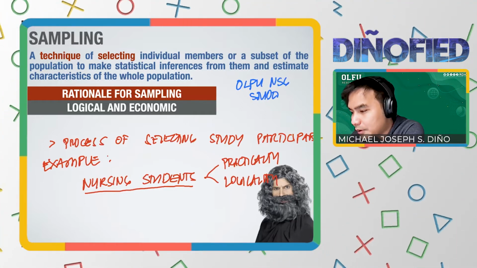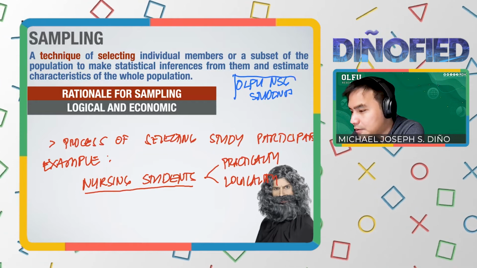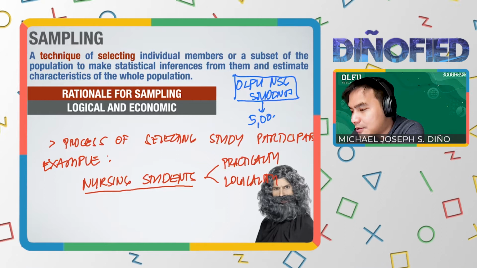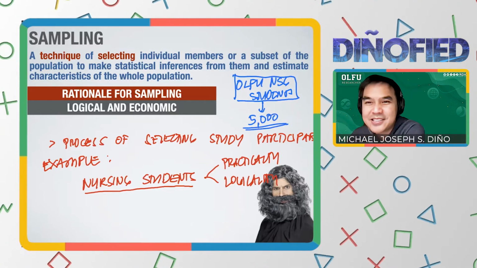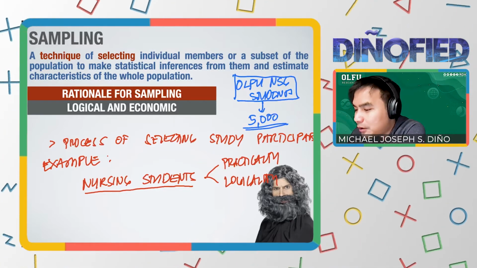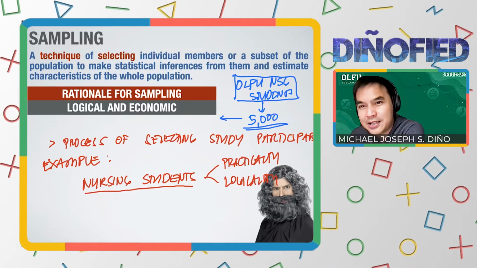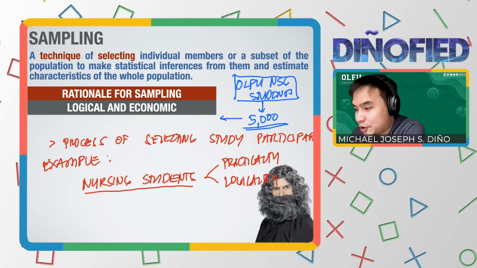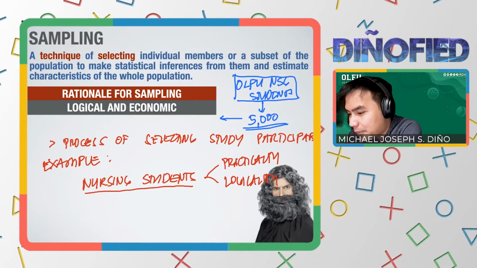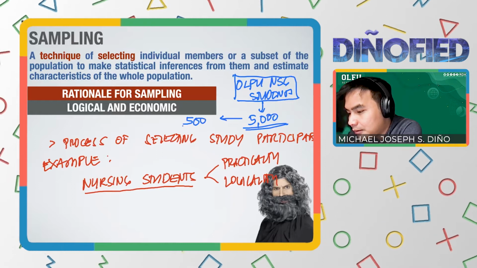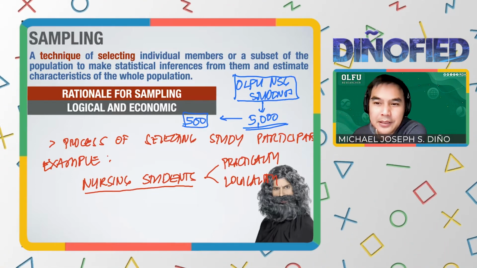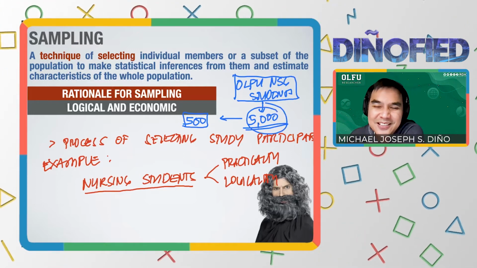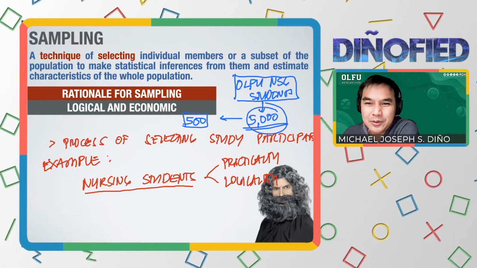There are, for example, 5,000 nursing students. If I select only a portion, let's say around 500, can it represent the whole population? Is that a representative of the whole population?